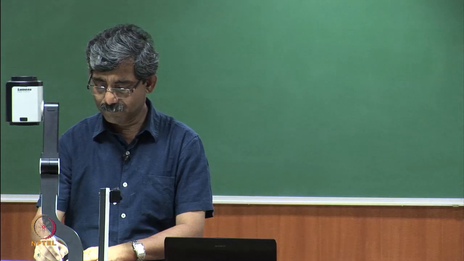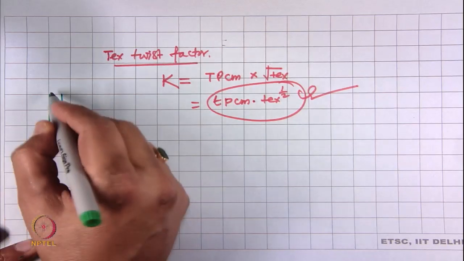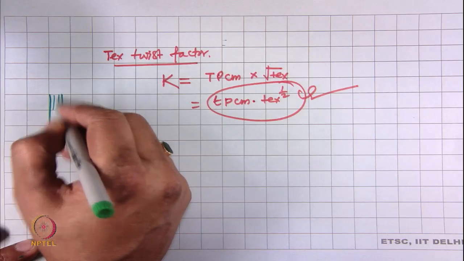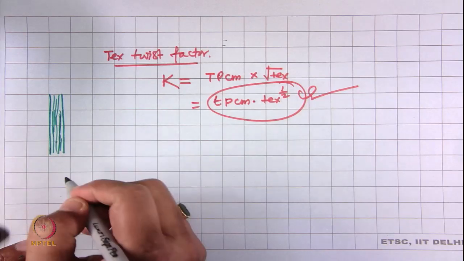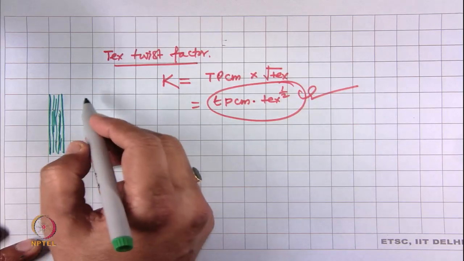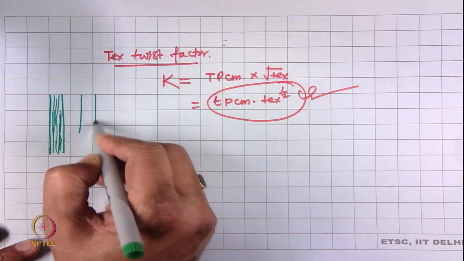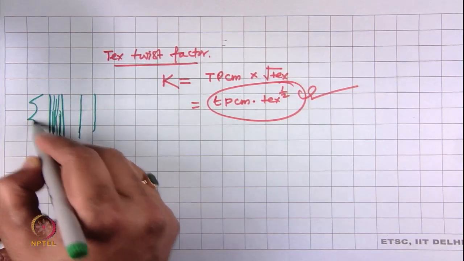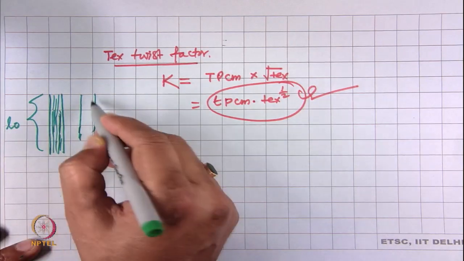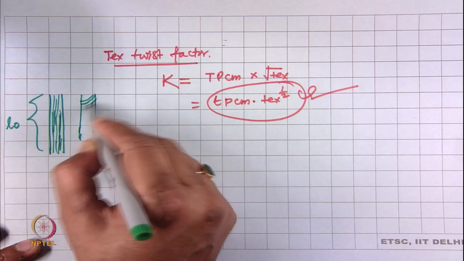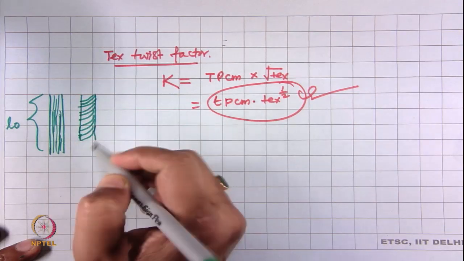this is the fiber, this is the strand, and it is twistless, and when it is twisted, suppose it has a length L0, this length will get contracted because of the inclined helix of the fiber.